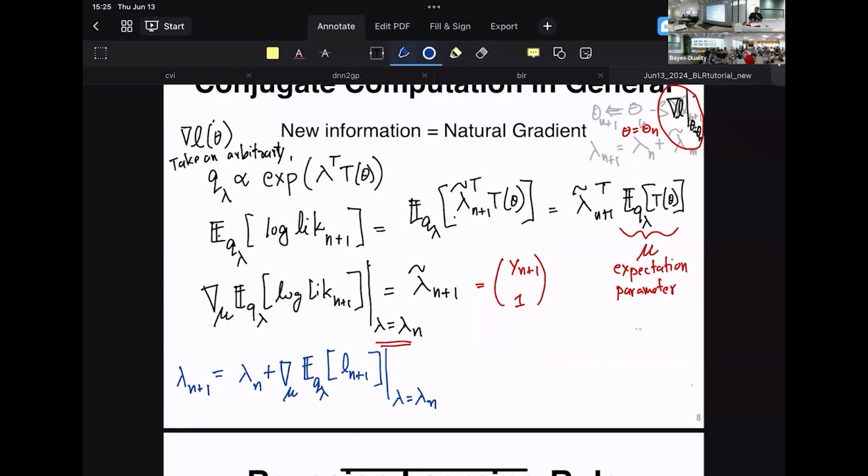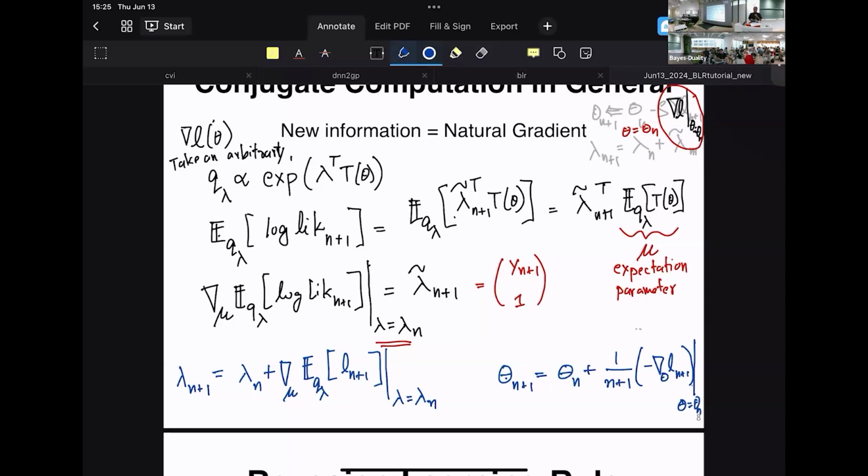And then you can write the equivalent version and compare. Theta n plus 1 equals theta n plus 1 divided by n plus 1 times negative of gradient with respect to theta of the loss at n plus 1, evaluated at theta equals theta n.